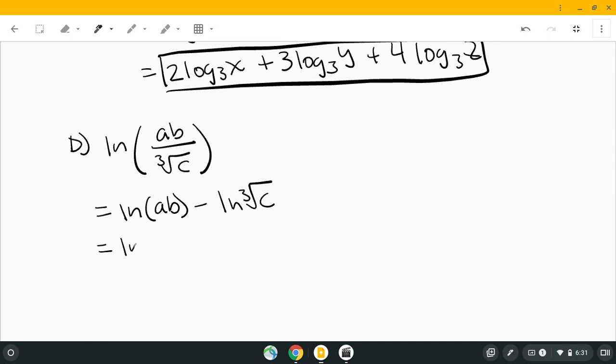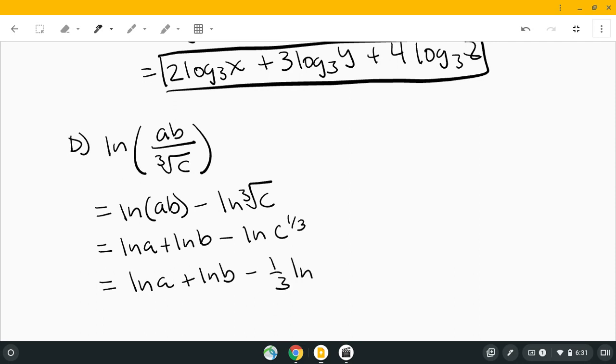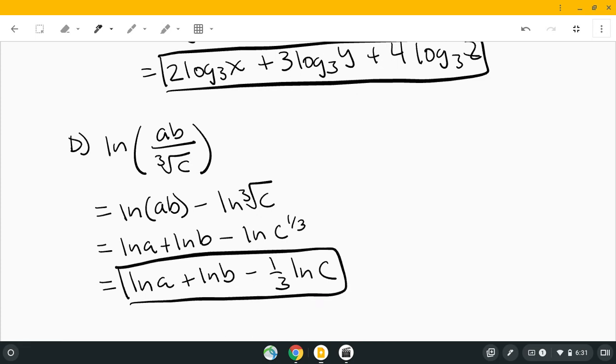So now we can say ln of A plus ln B. And then here, we don't normally leave the radicals. We usually rewrite these with exponents like that. And then we bring that exponent down to the front.